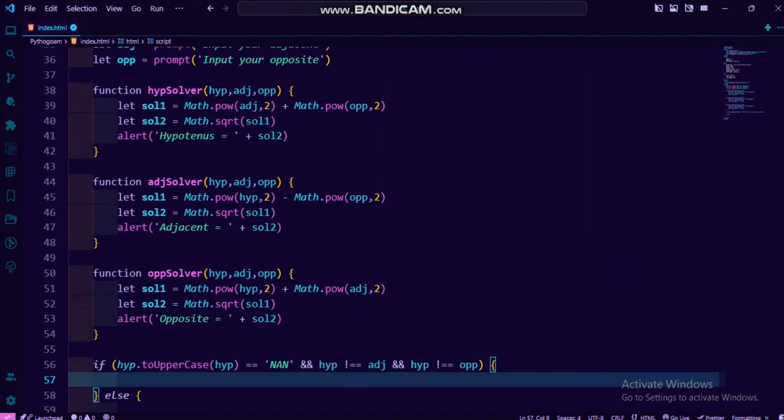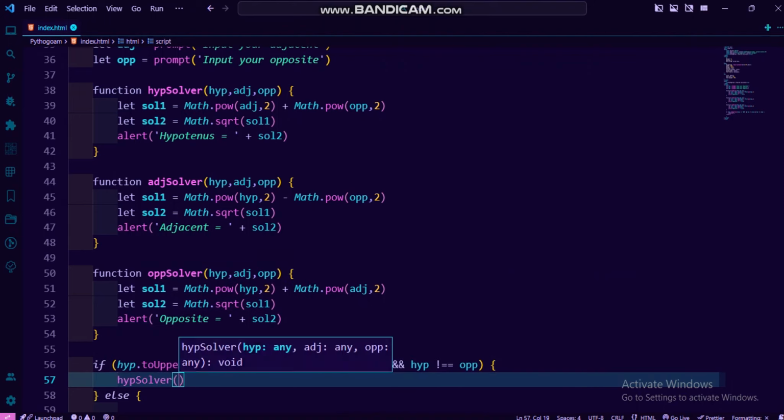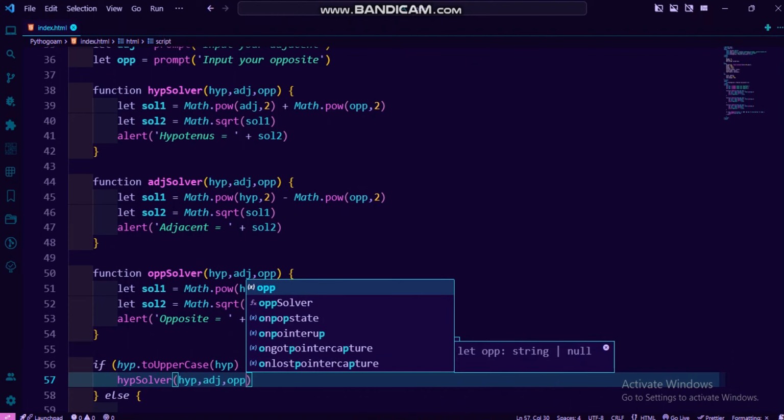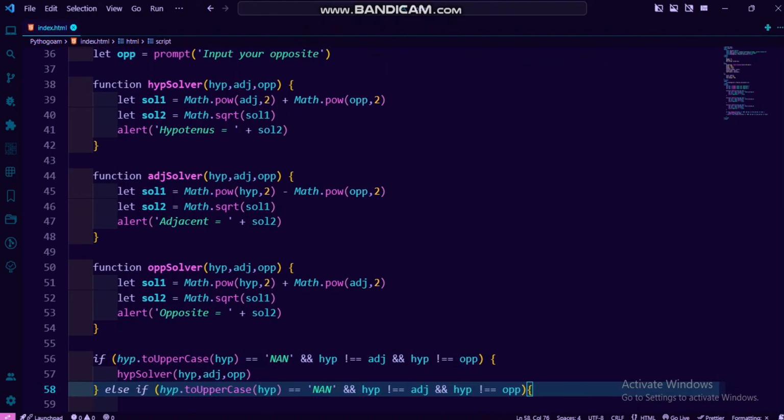So here I'm simply calling the hypotenuse solver. So here it's going to call the function. And just copy this and paste it here.